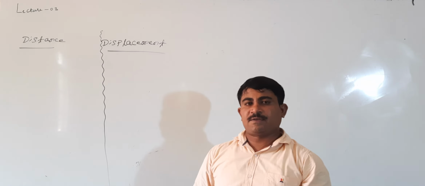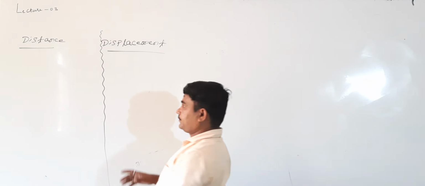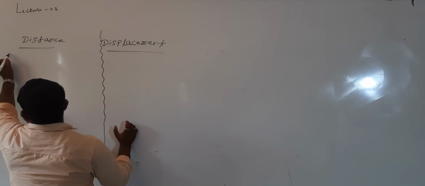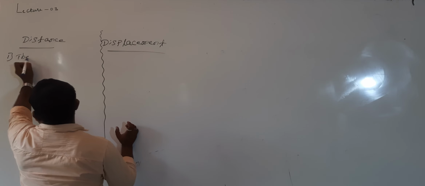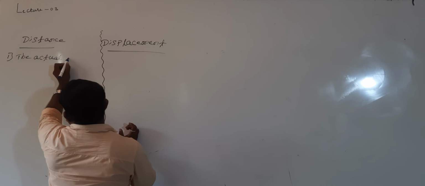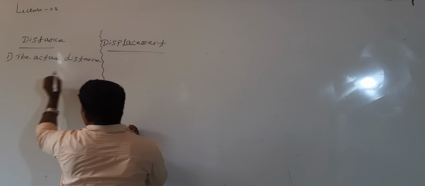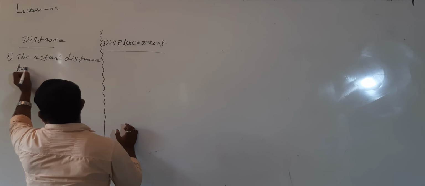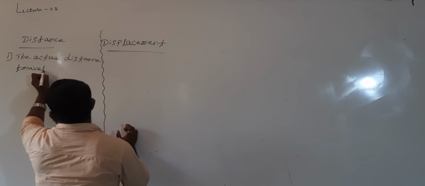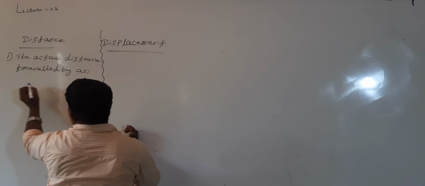What is distance? Distance is the actual length traveled by an object. First difference: the actual distance traveled by an object.